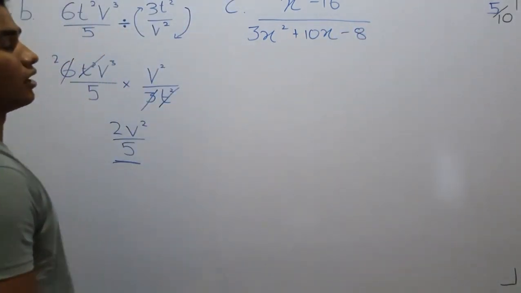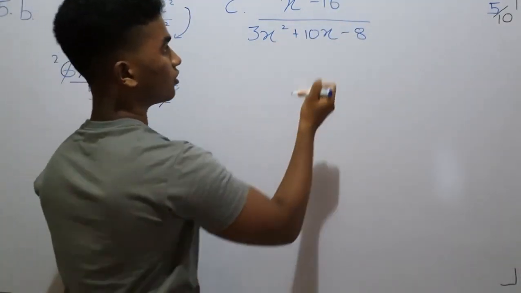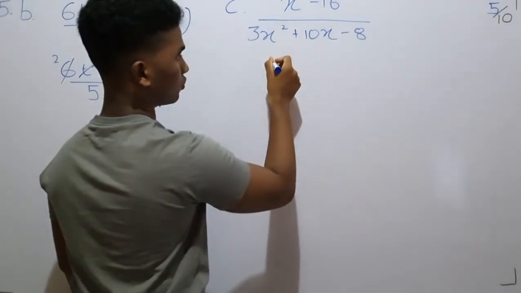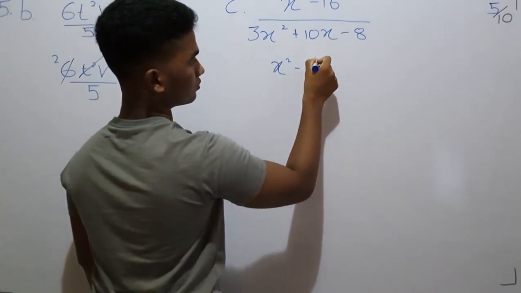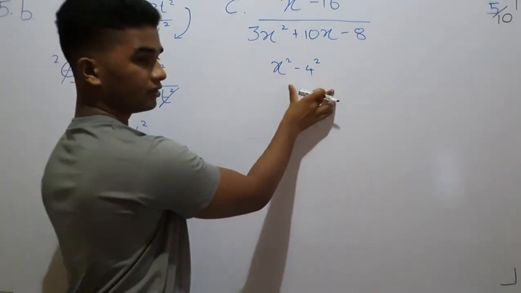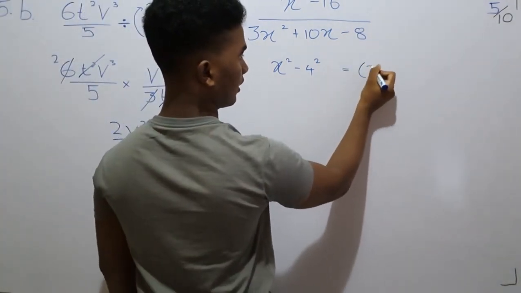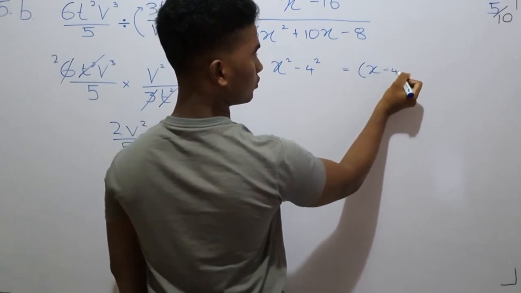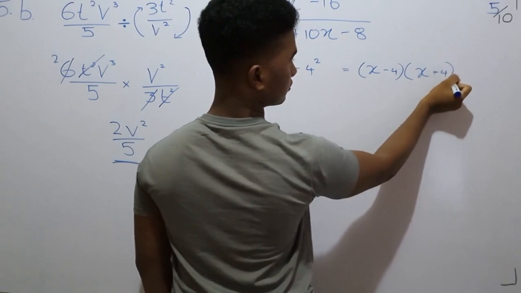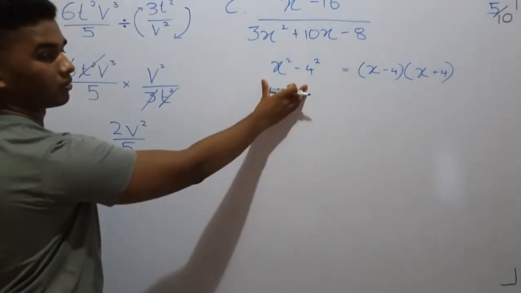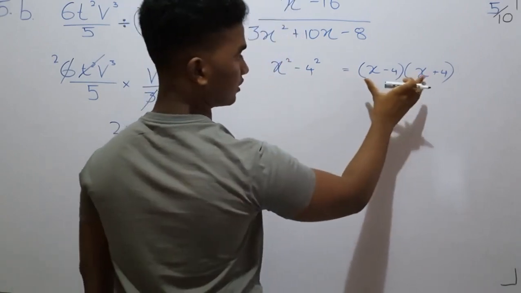So x square minus 16 can be written like this. 16 is 4 square, so x square minus 4 square. You can write this by expanding as x minus 4 into x plus 4. You should always keep this expansion in mind.